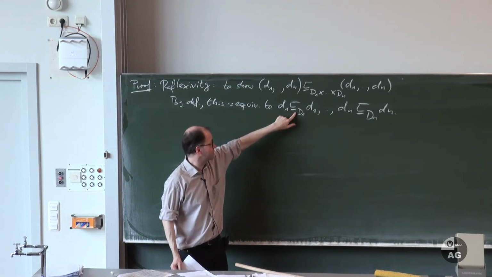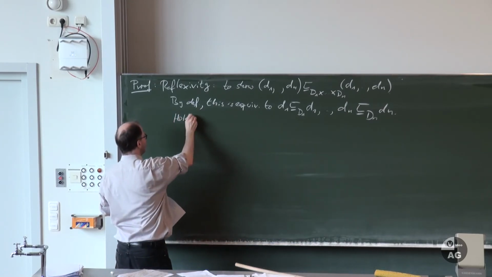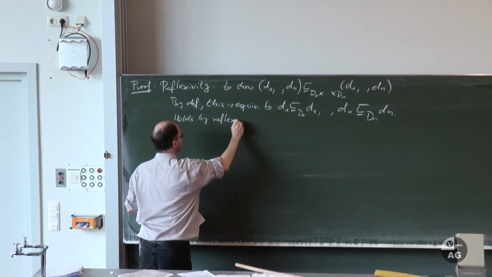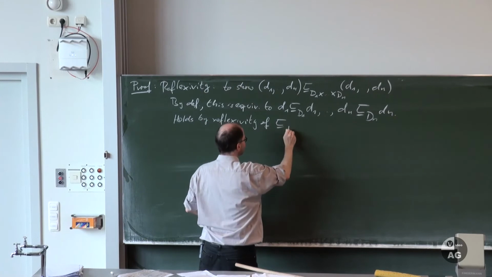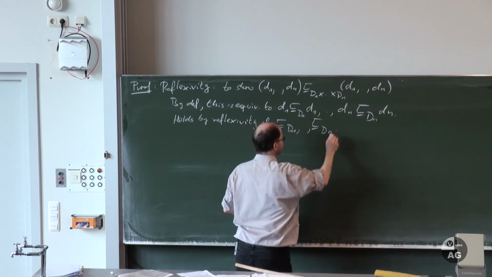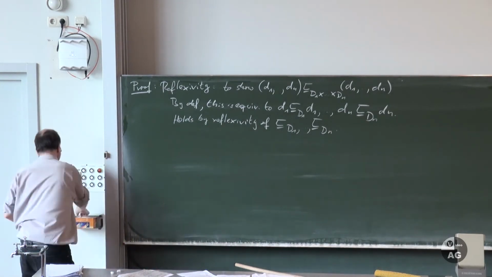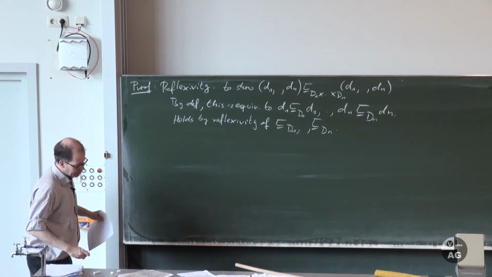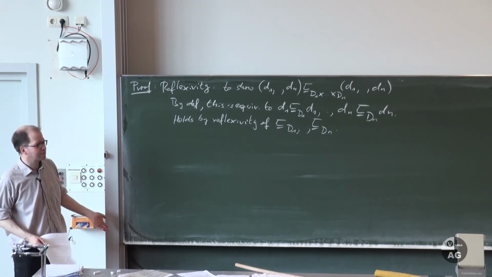So if this is reflexive, then this must hold. This holds by reflexivity of relation number 1 to relation number n. So this follows immediately. And the same is true for transitivity and antisymmetry.